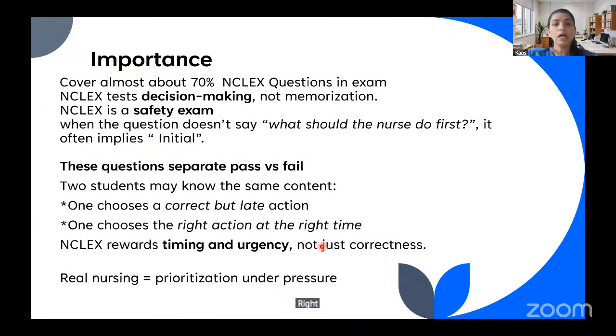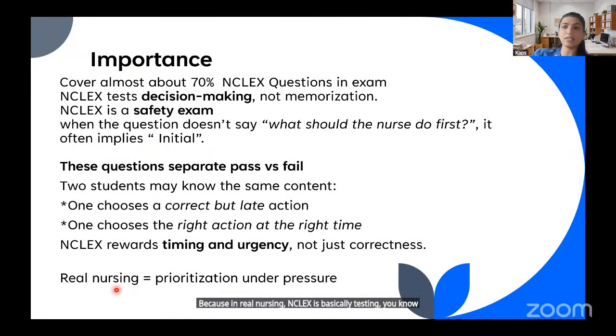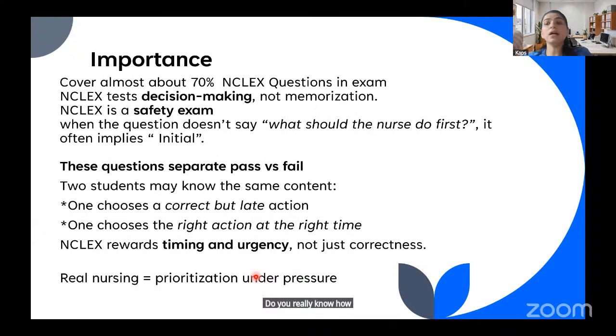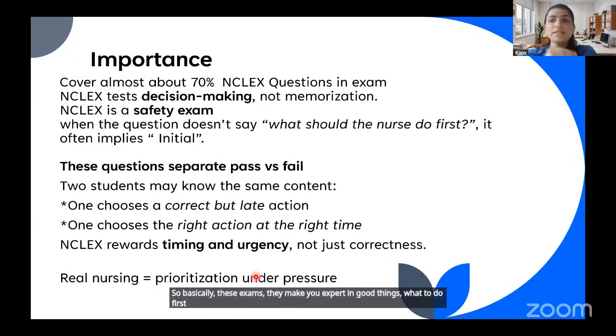Now the last reason why this is very, very important: in real nursing, after you pass this test, the NCLEX is basically testing whether you really know how to work under pressure in a real-life scenario on the floor. These exams make you an expert in what to do first and what to do next. But I know everybody works in a different way on the floor.